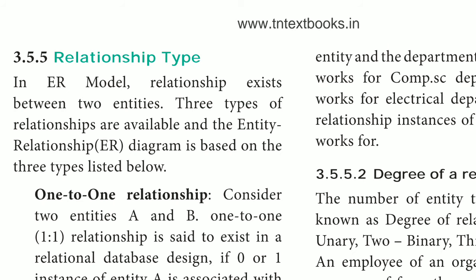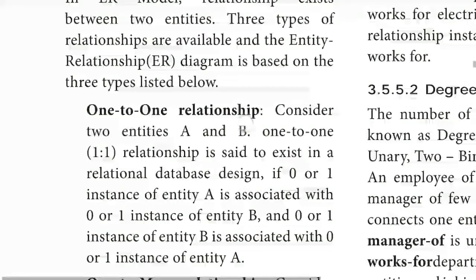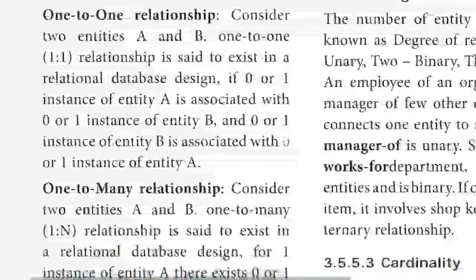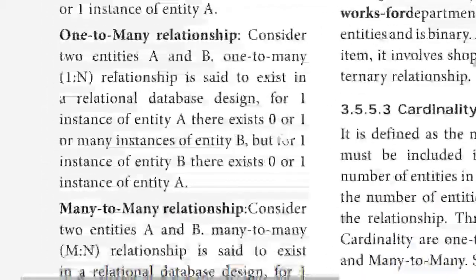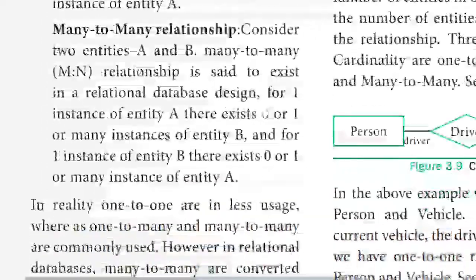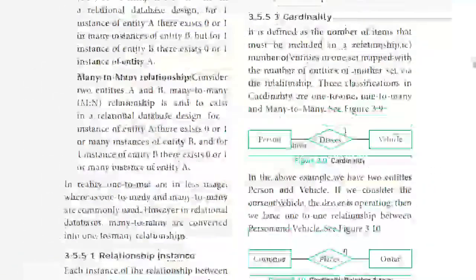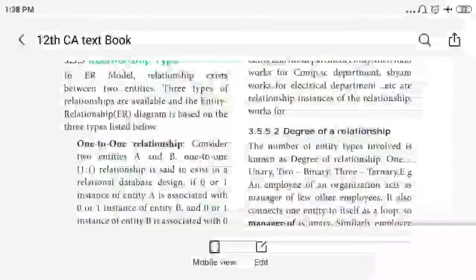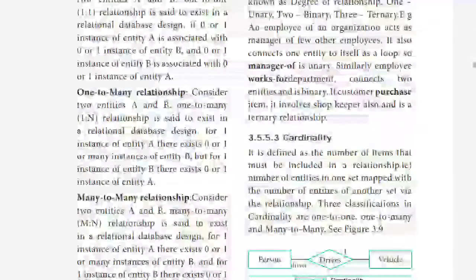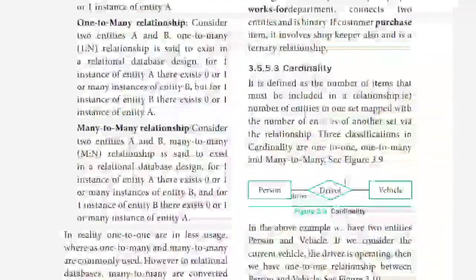So a relationship is created between two entities. We are going to look into one to one relationship, one to many relationship, many to many relationship, and relationship instance. A relationship is denoted using this diamond shape symbol.